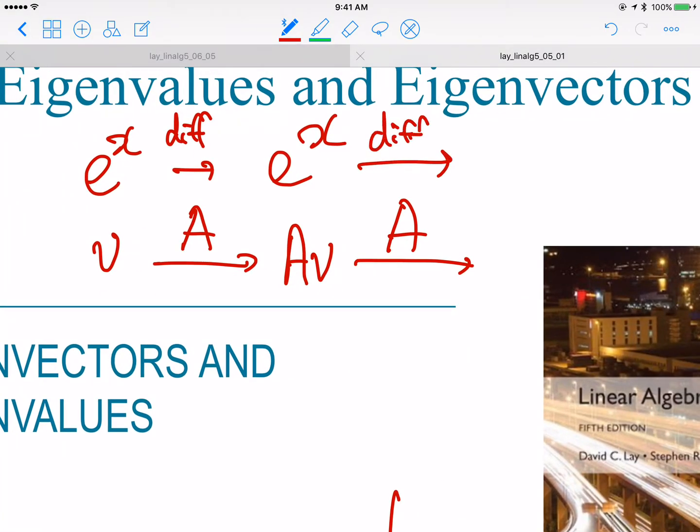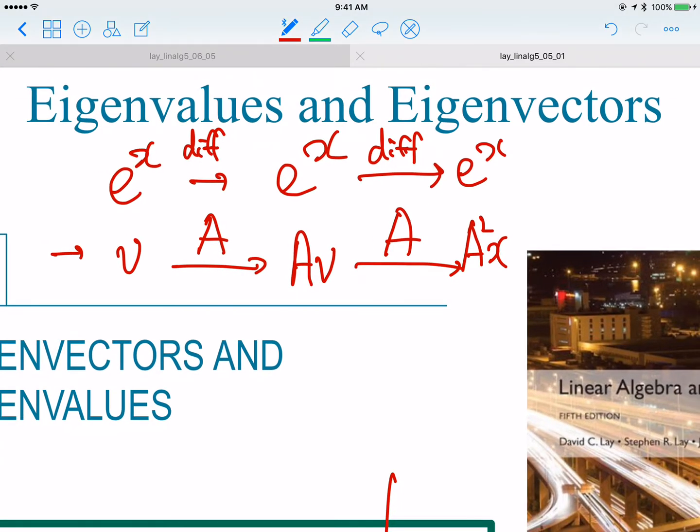We're differentiating over and over, and in the matrix world we are multiplying the matrix A over and over. Right? A squared times x and so on, right?